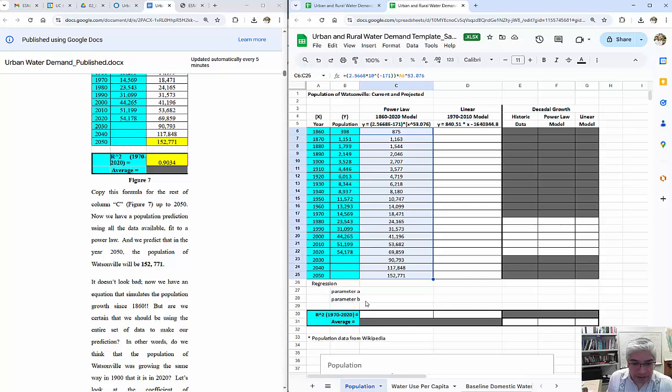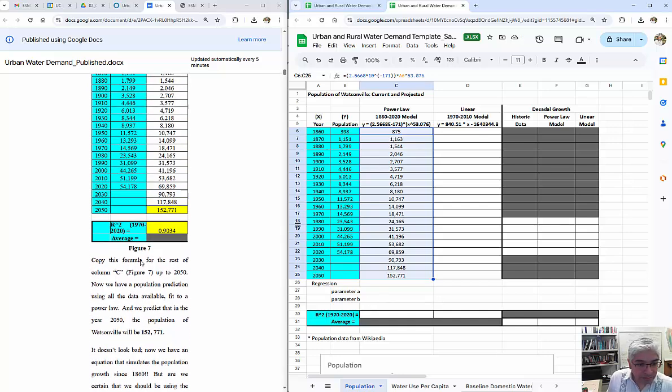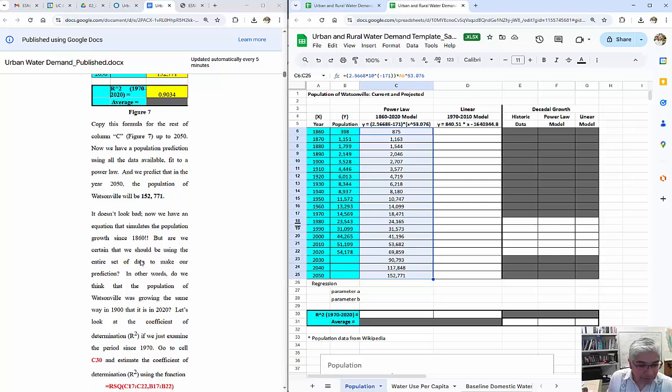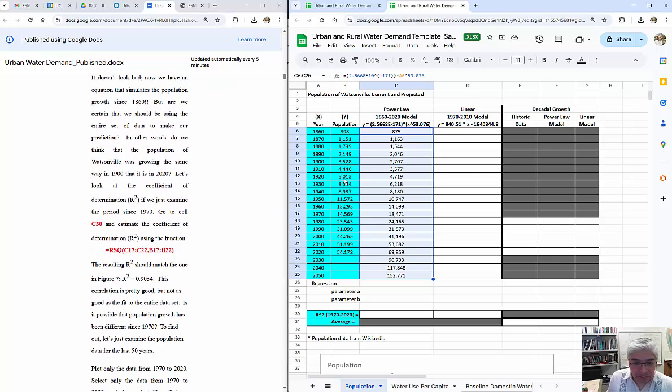Now here we want to calculate the R square between these two. Basically we will calculate the R square from 1970 till 2020. So in this cell we can use this equation.